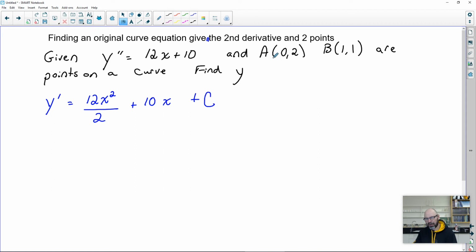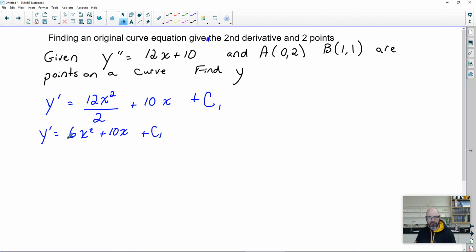Now we can't put any of these points in yet. We'll call it C1, because this is a point on the graph, not a point on the derivative. It's a point on y. So this would be a slope equation. If you were given slope, you could plug it in, and we'll do our last example like that. So we can simplify y prime to 6x squared plus 10x plus C1.